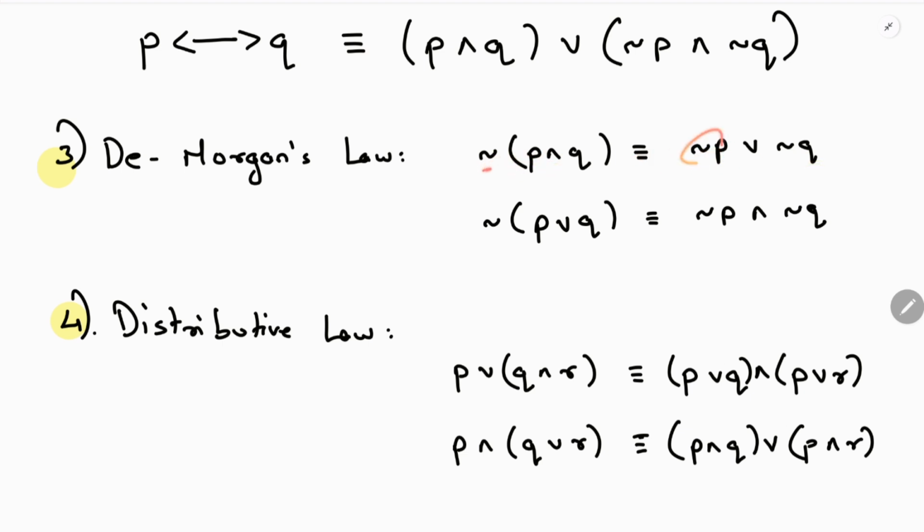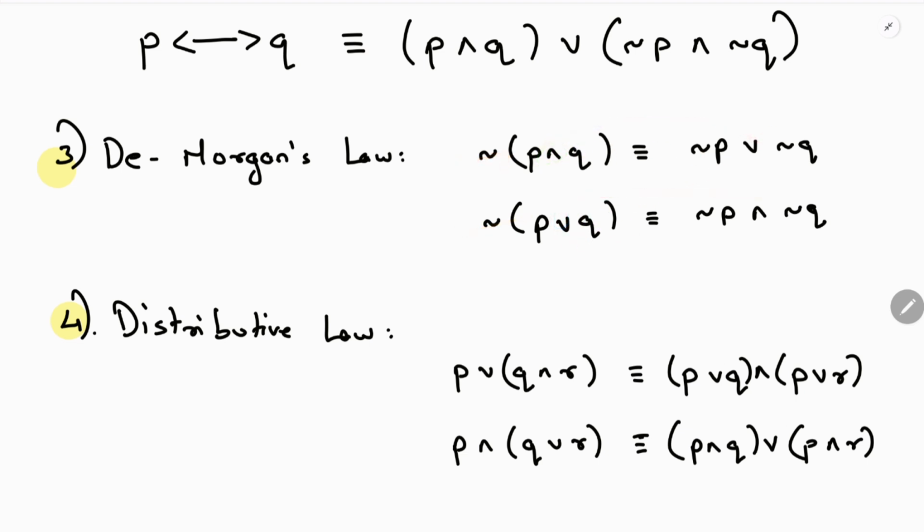But the sign which is in between both the variables is conjunction, so we will replace it by disjunction. The same thing here: this is the sign of disjunction in between, so we will make it conjunction. Both are the same, we just have to replace this by this and this by this.